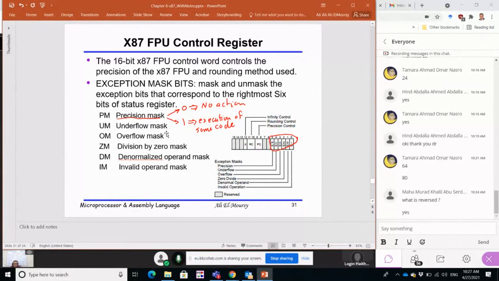Right. The third thing that we need to discuss about the control is the masking. Okay, the exceptions means the errors while doing calculations. There are many types of exceptions for the floating point mathematical operations. We can summarize them in the following types.